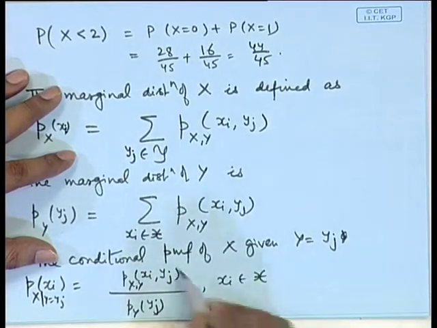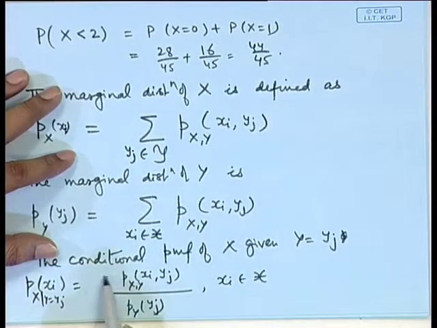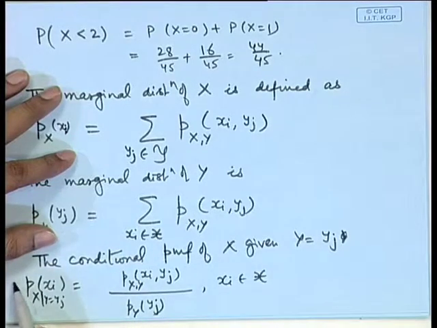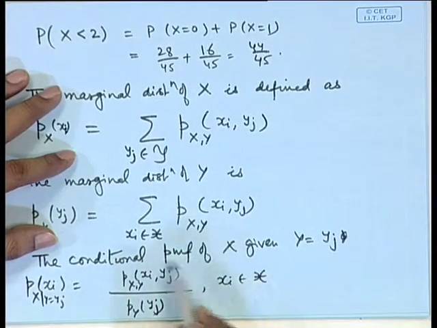To see that it is a valid probability distribution, let us sum over all the values of x i. The numerator becomes the marginal distribution of y j, which is the denominator. So, this will become 1. So, this is well defined.